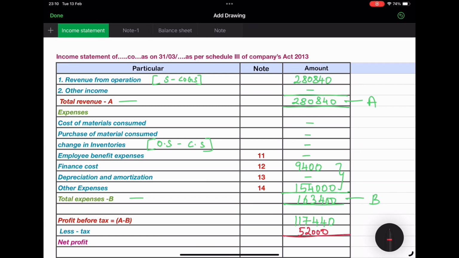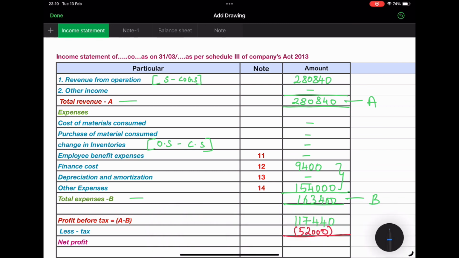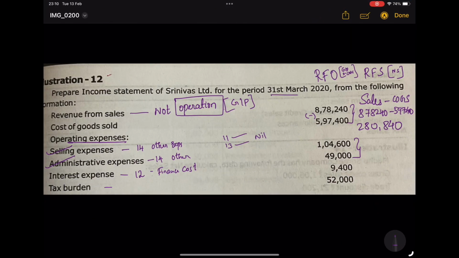Okay, so if you minus this, the net profit for the company is 65,440 is the answer. Net profit, that is profit after tax, is 65,440. Very simple.